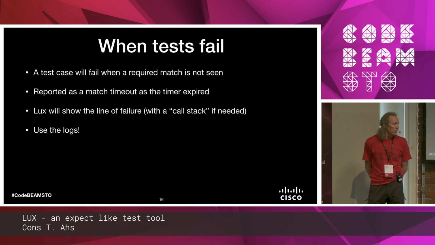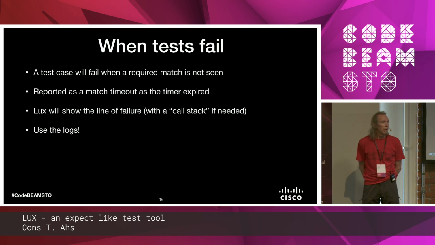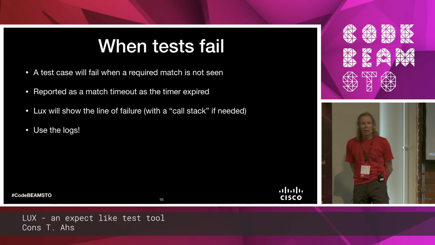But when it fails, we want to know what happened, and the truth is in the log files. LUX will tell you on which line there was a match fail. There can also be warnings and errors as well. So a failure is when the test case fails to match. An error is when something bad has happened, like your LUX script wasn't correct or something like that.